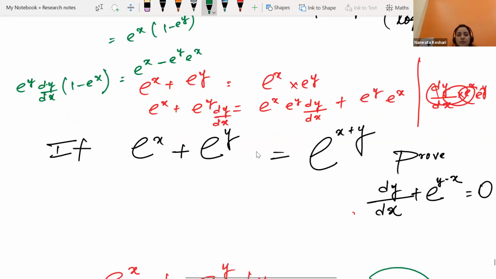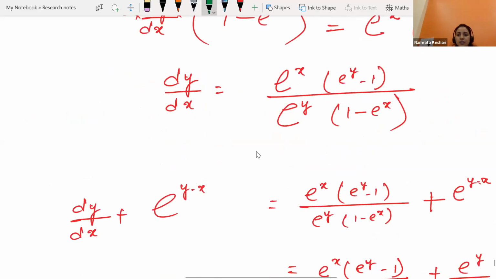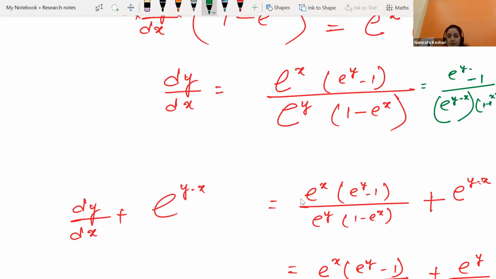Yeah, this is what we have got here. We can also write it as e to the power y minus 1 over e to the power y minus x. We can write one, right? Yes. All right, this is also okay. Let me check it on paper. What can be done? Like the steps we have performed over this one.